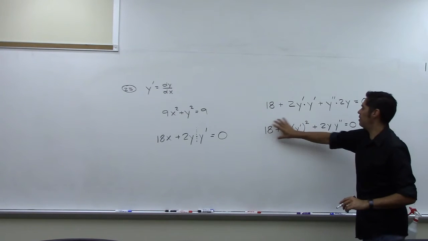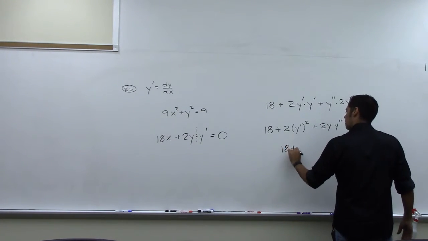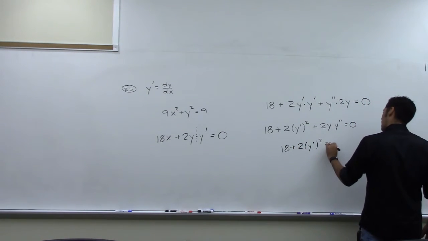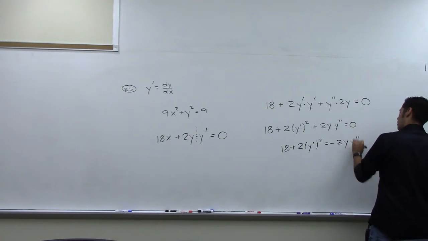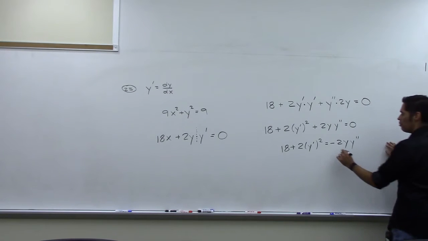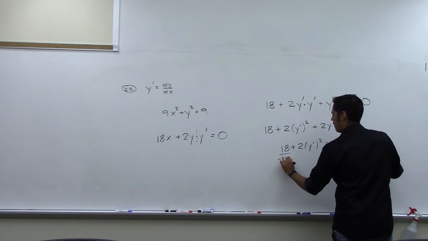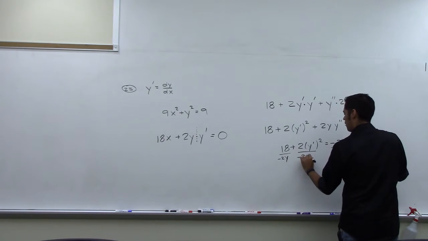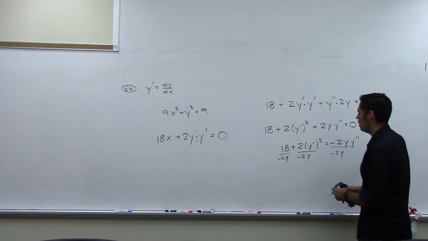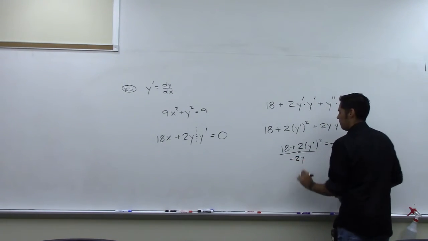So let me just move that to the other side. 18 plus 2y prime squared equals negative 2y y double prime. So just subtract it on both sides. I'm going to divide both sides by negative 2y now. I could do it like that if I wanted to, or I could just do one long bar and just do one down here, negative 2y.